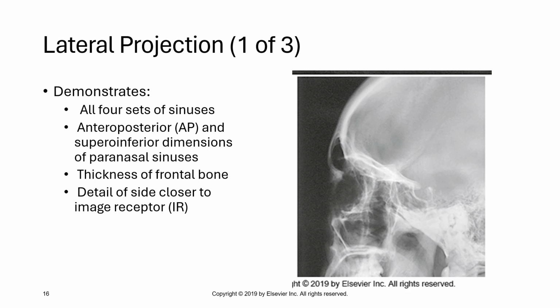So you will also be able to assess the thickness of the frontal bone, and you can see how deep the frontal sinus is, how big the maxillary sinus is, and the sphenoid sinus is on these lateral radiographs.